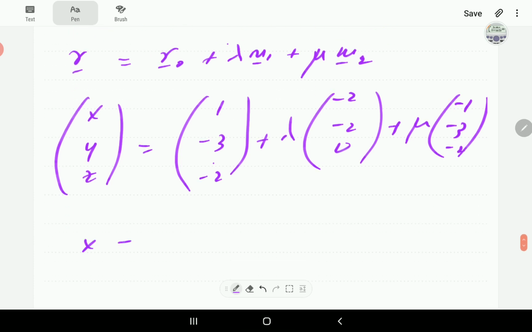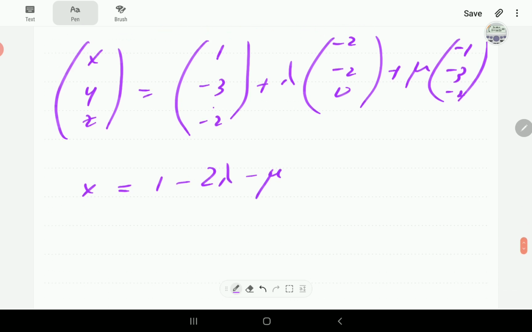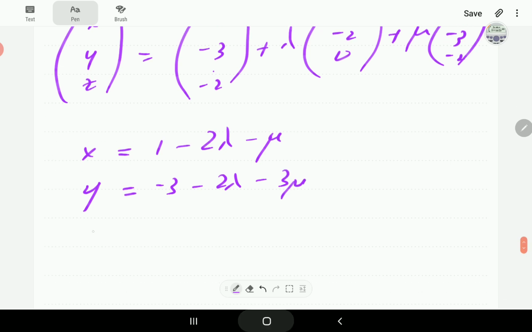So that means x is going to be 1 minus 2 lambda minus mu. y is going to be -3 minus 2 lambda minus 3 mu. z is going to be -2 minus 2 mu.